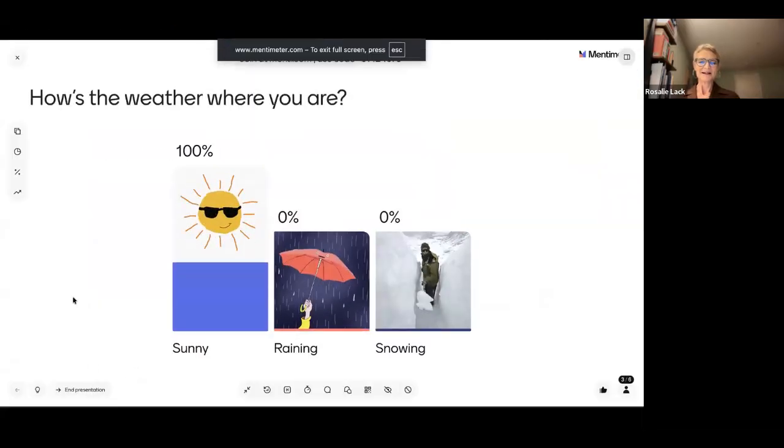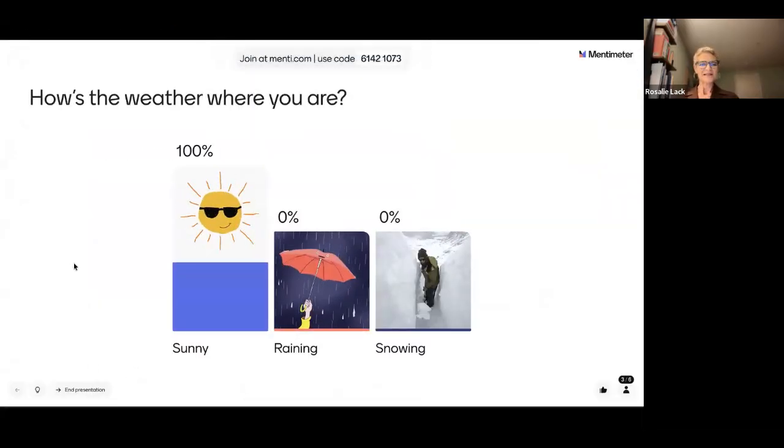Okay, we've got a little bit of sun happening. Is anybody experiencing rain, or is it all just the sunny world? I'm really curious if anyone is experiencing snow. So go ahead and click the link. It should be in the chat, and let us know what your weather is where you are.